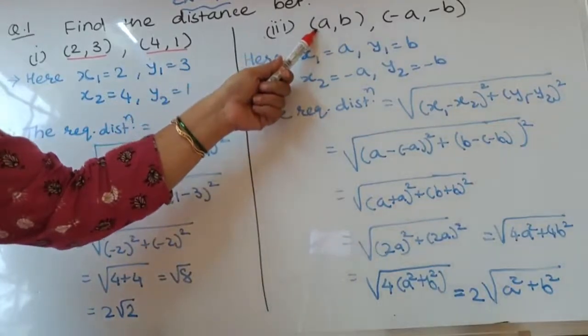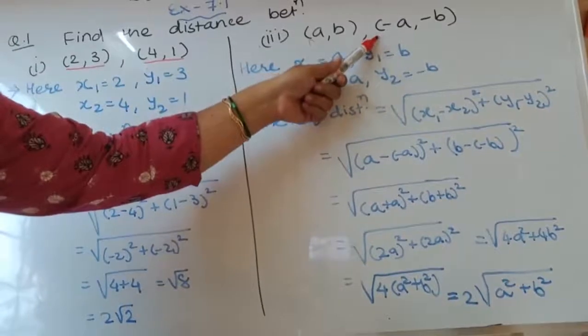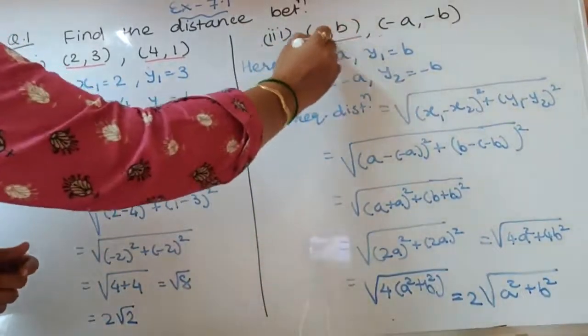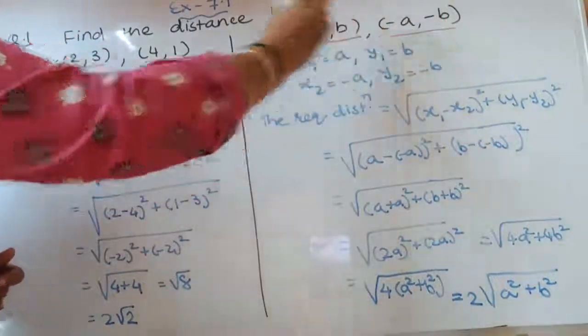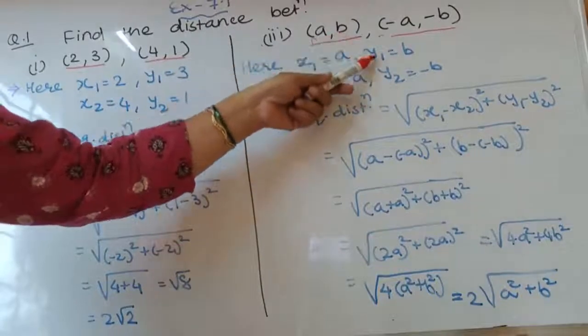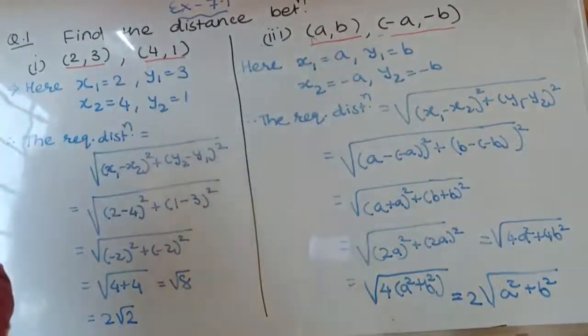First point is (a, b) and the second point is (minus a, minus b). So first of all I take this as x1, y1 and this as x2, y2. So x1 is a, y1 is b, x2 is minus a, y2 is minus b.